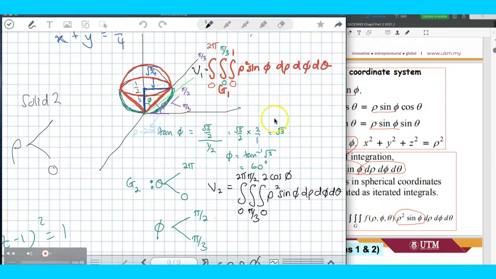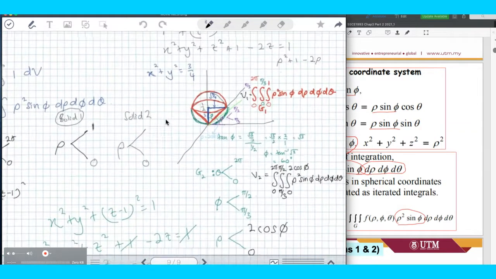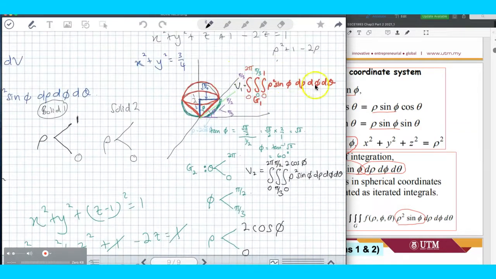So you can see here your limit of rho is not a constant, because your green solid is not in the ice cream cone like surface, or it's not exactly spherical. It is shifted somewhere. So now you have to evaluate V1 and V2, and at the end you have to total them up, so you can get the total volume of the solid that you have here.